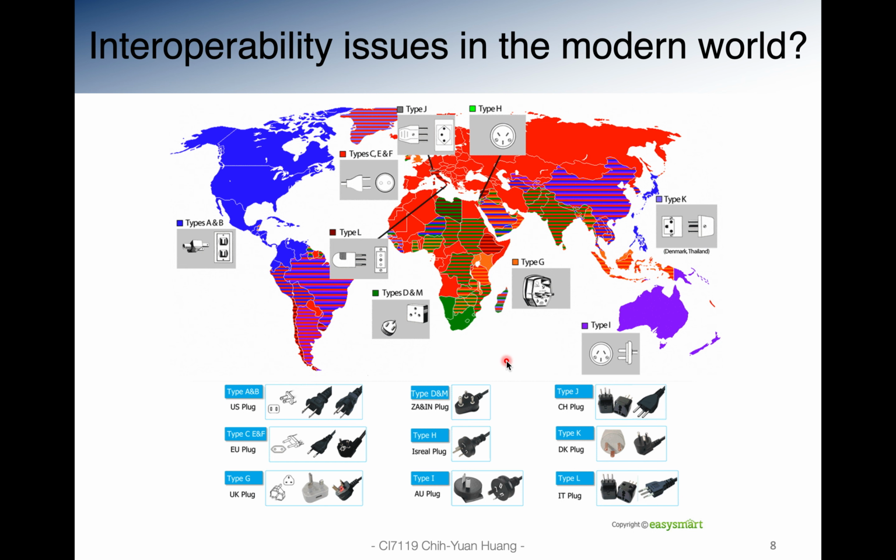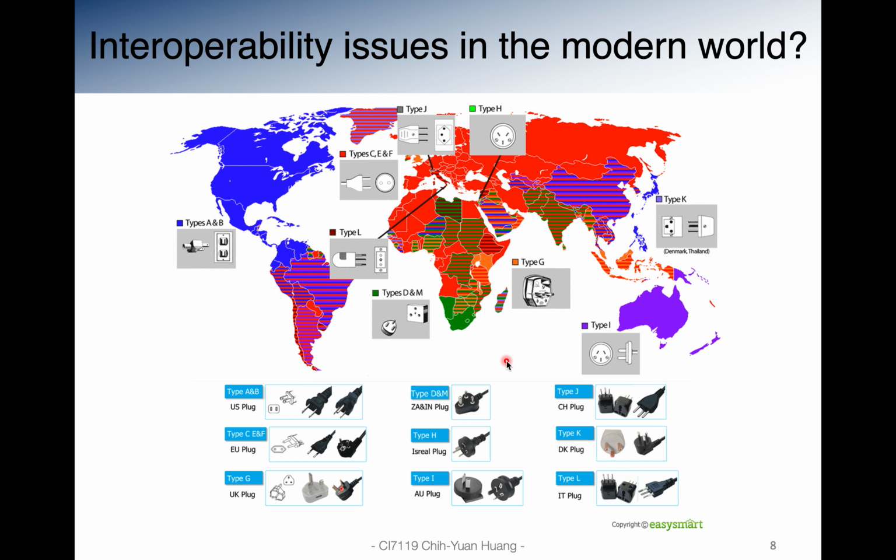And there are many other interoperability issues. For example, the one I gave you earlier, communication between human beings. If we are using different languages, those are differences.